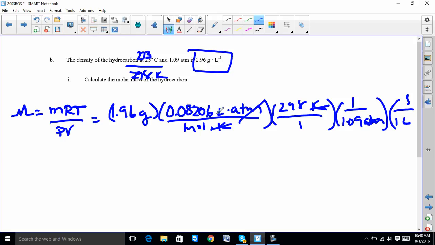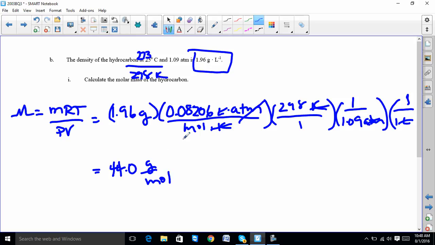And then liters cancels with liters, and then a really cool thing happens because you end up with grams on the top and moles on the bottom, which is cool because that's a unit for molar mass. And if you do that and you round to the appropriate number of sig figs, because this has 3 and this has 4, and this has 3 and this has 3, and this is an implied one, so it has infinite, you get 44.0 grams per mole.